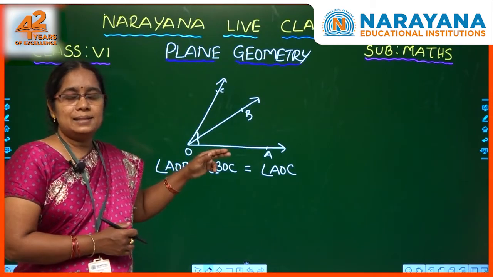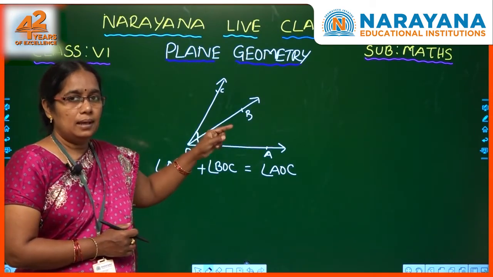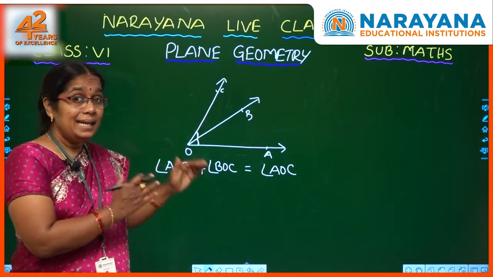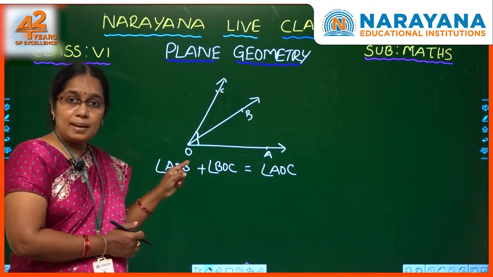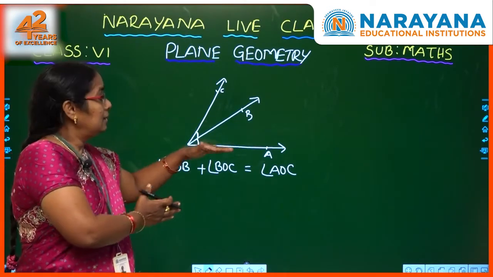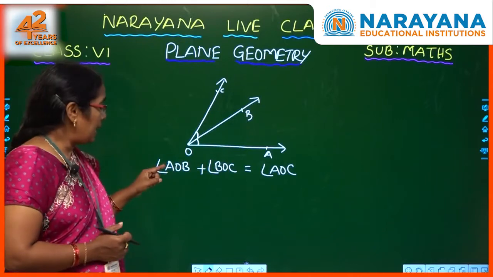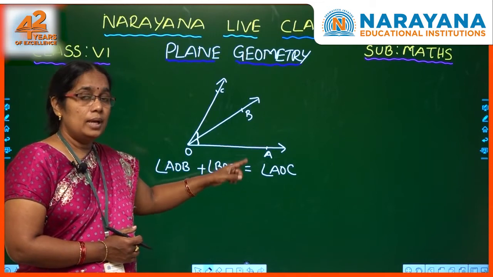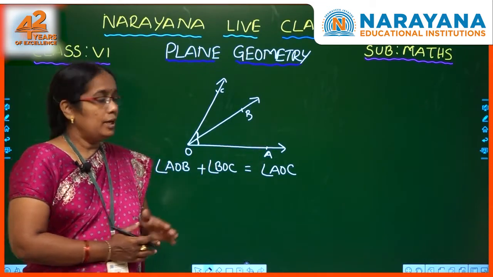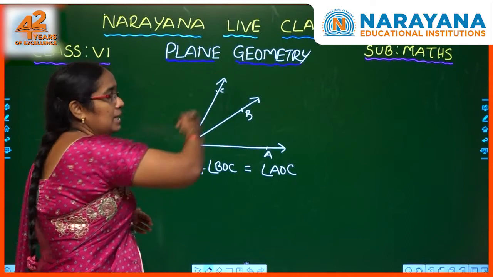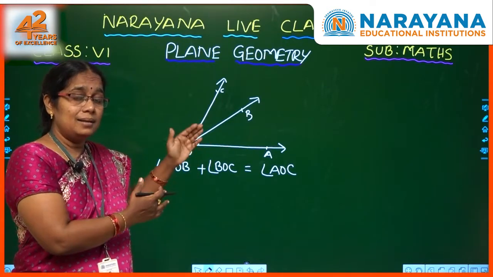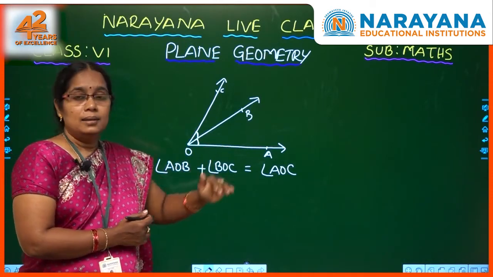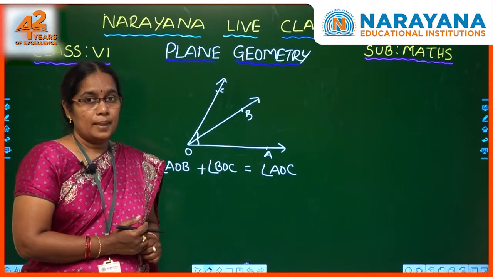So if two angles have a common vertex and common arm, then the sum of the two angles is a new angle with the same vertex and the remaining two rays. So angle AOB plus angle BOC is equal to angle AOC. We got a new angle, angle AOC, which contains these two angles. Therefore, the sum of these two angles is equal to the measure of angle AOC. Okay?